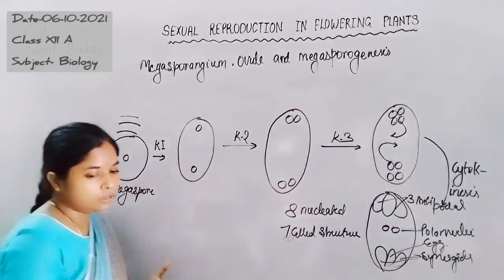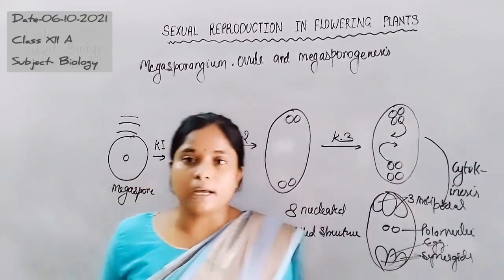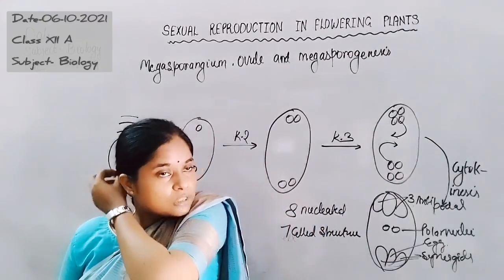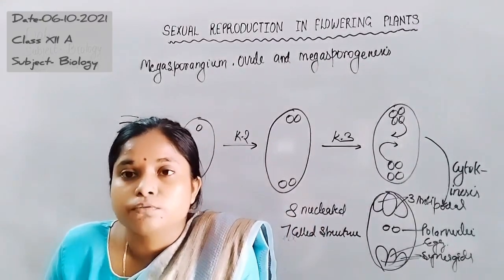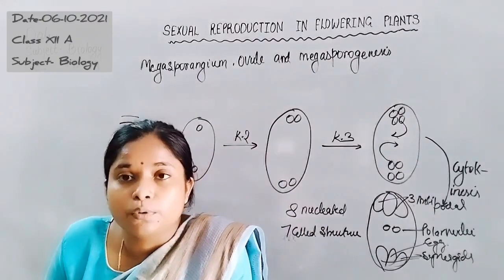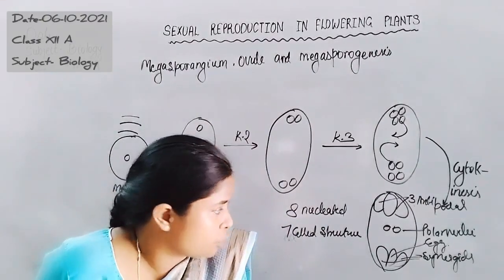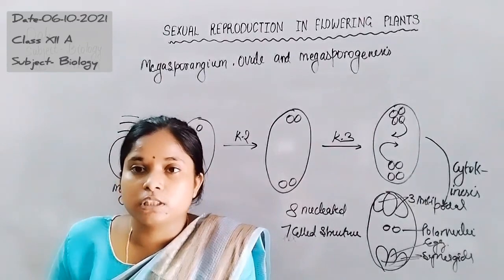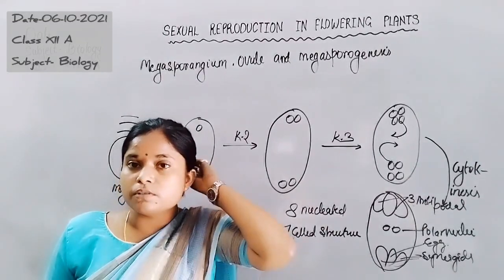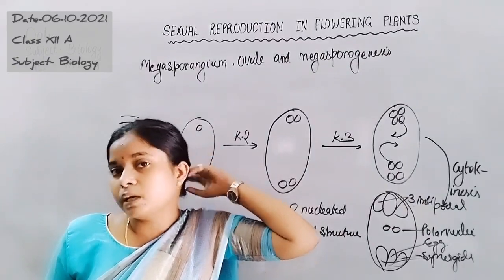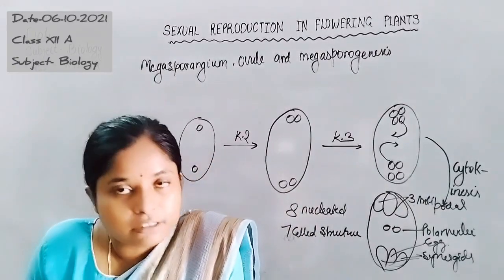Inside the ovule, the megaspore mother cell is present. The megaspore mother cell undergoes meiosis division to form the megaspore dyad structure by the first meiotic division. After the second meiosis division, there will be formation of the megaspore tetrad structure.